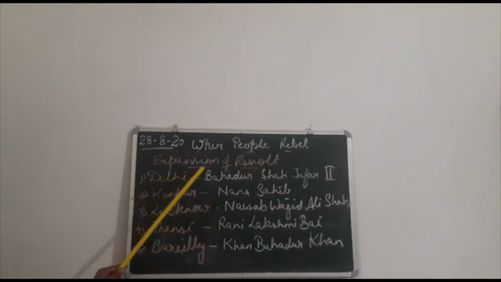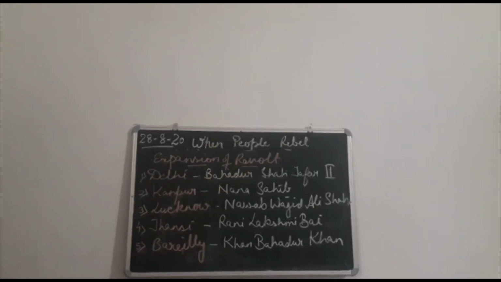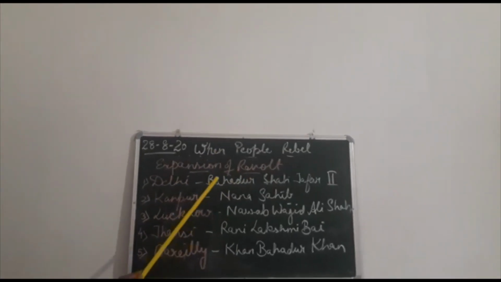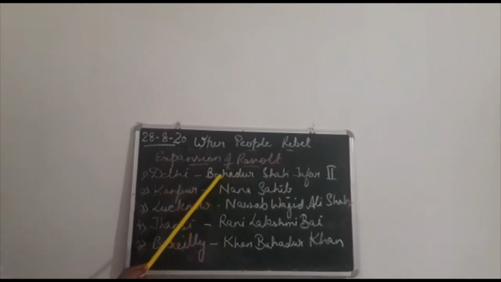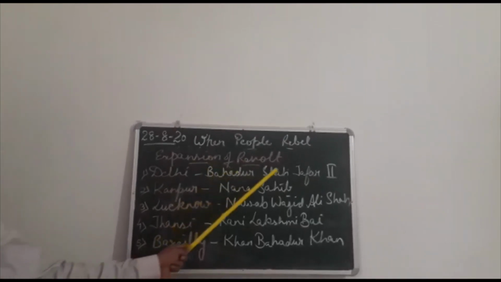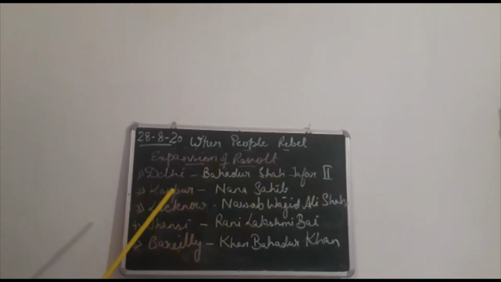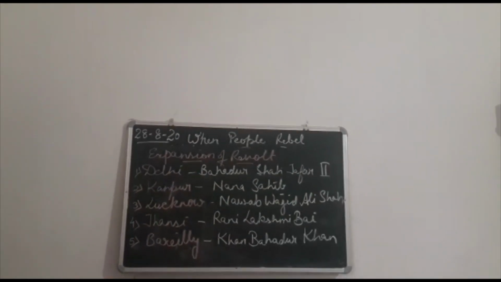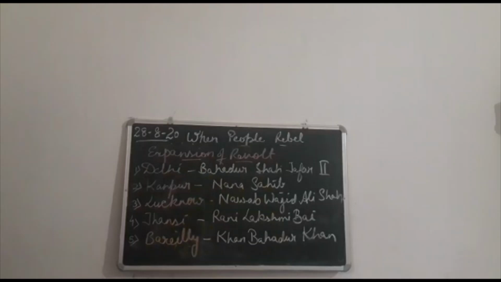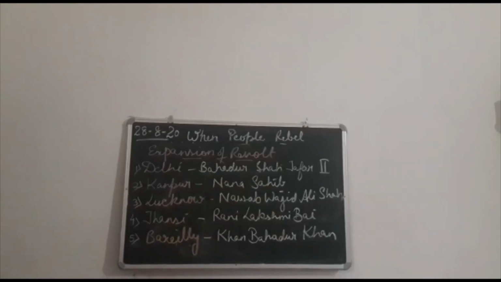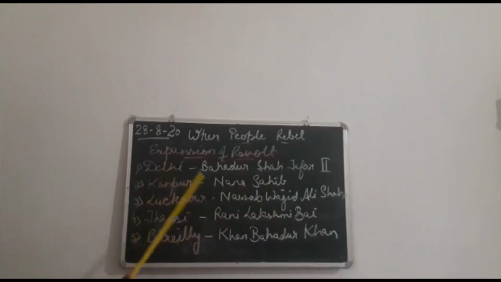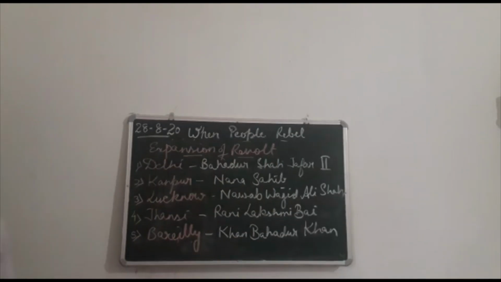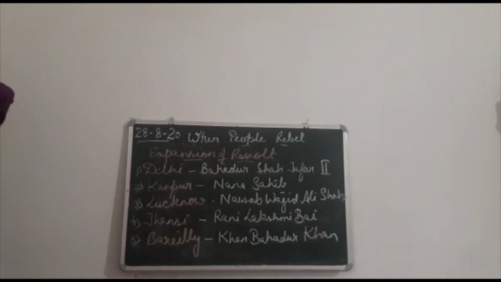So Delhi took part in the revolt of 1857 under the leadership of the rebel leader Bahadur Shah Zafar II. Second was Kanpur. In Kanpur, the revolt was led by Nana Sahib. Nana Sahib had been removed from his post on the basis of the doctrine of lapse, as we discussed in the political causes.